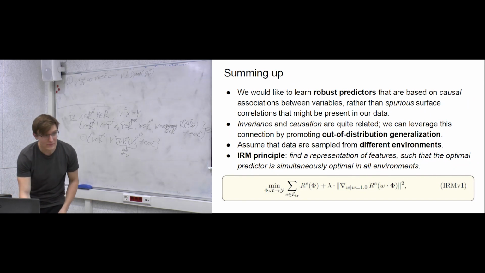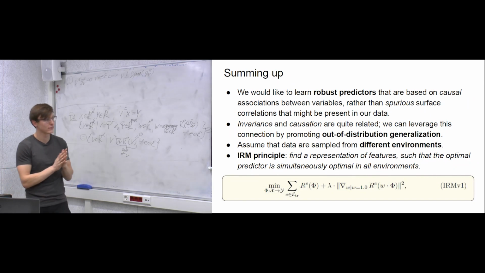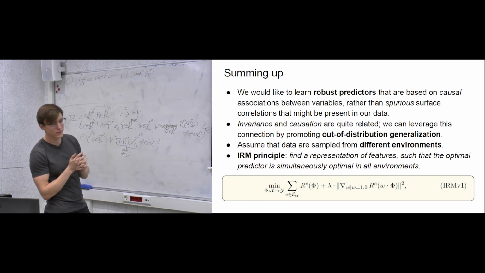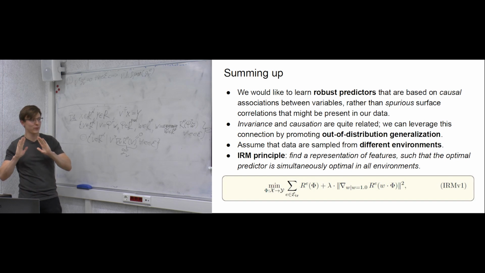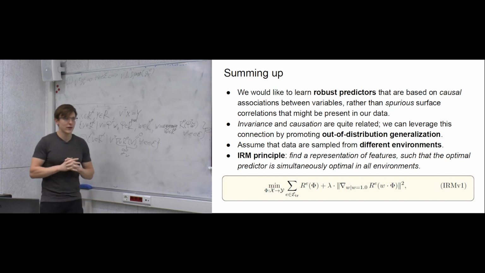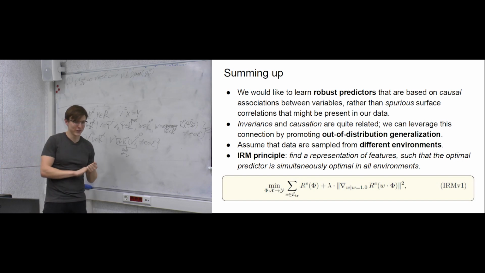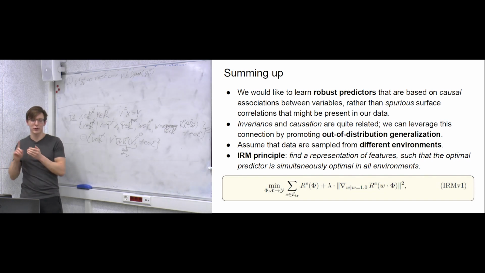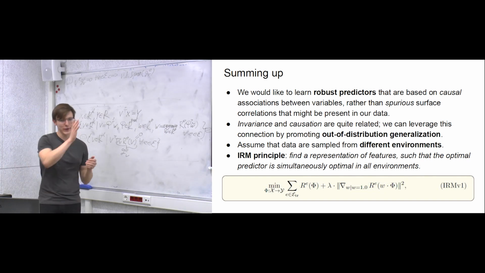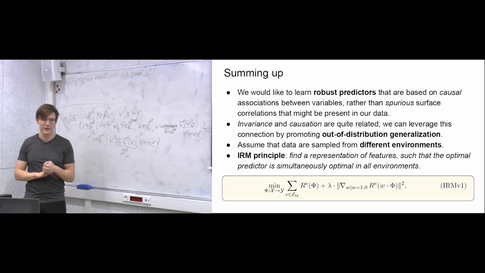Why do you always have IRM version 1 in the green formulas? Is there a version 2? No, that's just version 1, because there are so many things left for future directions. They leave a lot of things for future studies, like considering the nonlinear case, or answering those questions for the nonlinear case.